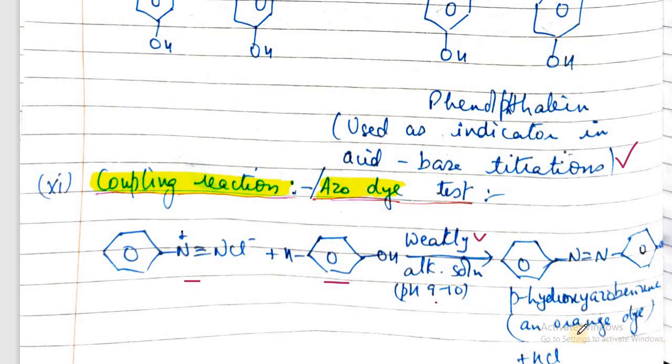This is orange in color, it is an orange dye, and in this position has the OH group, that is phenol. Here it is missing, so this is para-hydroxyazobenzene, an orange dye. So this is all about phenols. Then next we will start with the next lesson in the next video. Thank you.